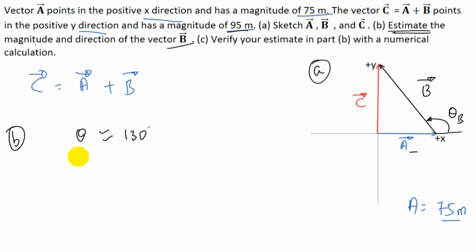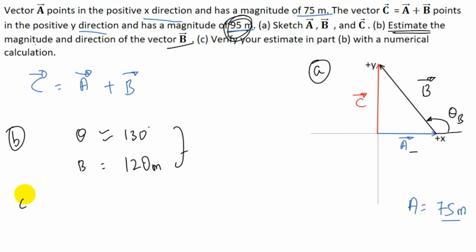Okay, now the magnitude for the B vector. Clearly it is visible that the length of this B vector is greater than this arrow for the C vector, and the magnitude for C vector is 95 meters. So it should be greater than 95 meters, and it would be near about, you would say, 120 meters, approximately. This is just the estimation.